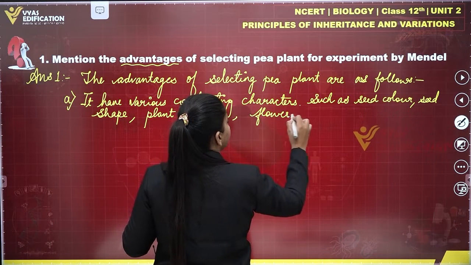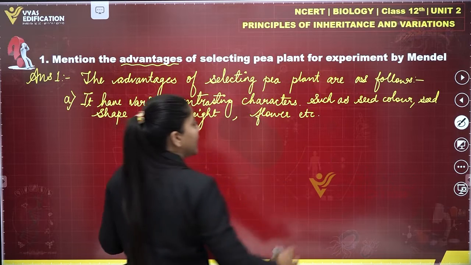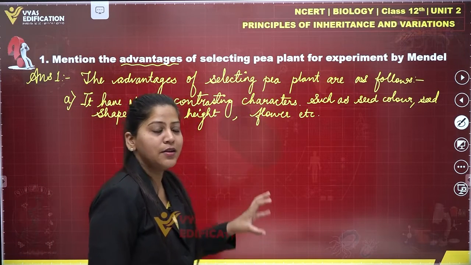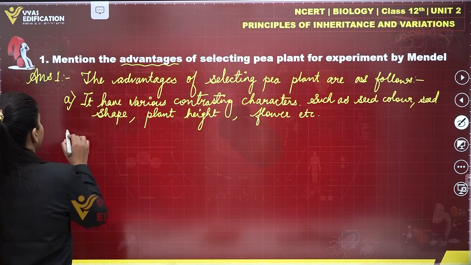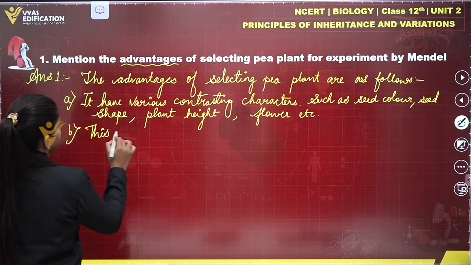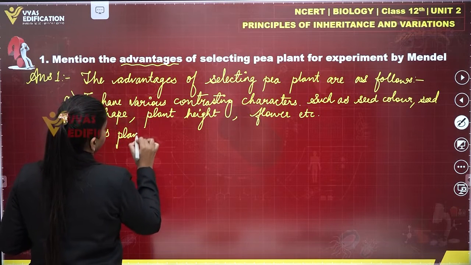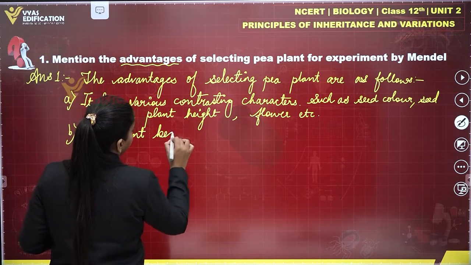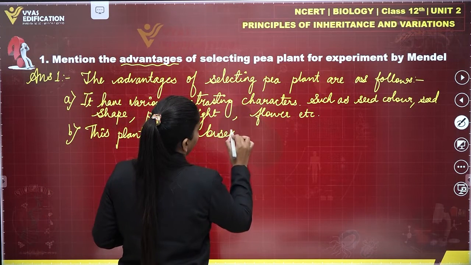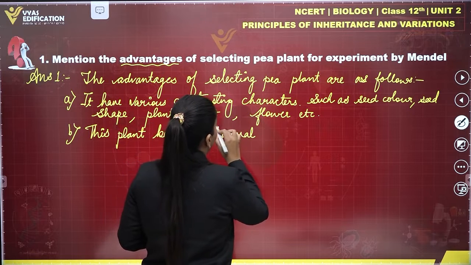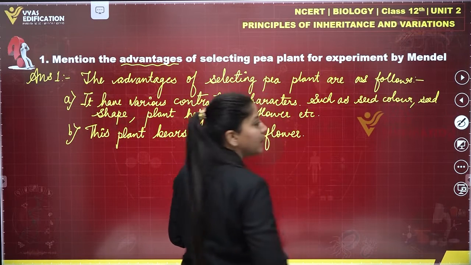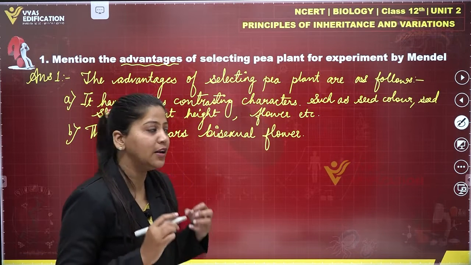All these are the different characters which are easily available as contrasting traits in the pea plant. The next advantage is that this plant bears bisexual flowers. That means the flower contains both the reproductive organs, male and female.